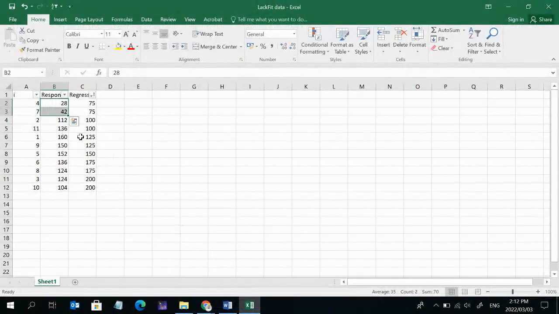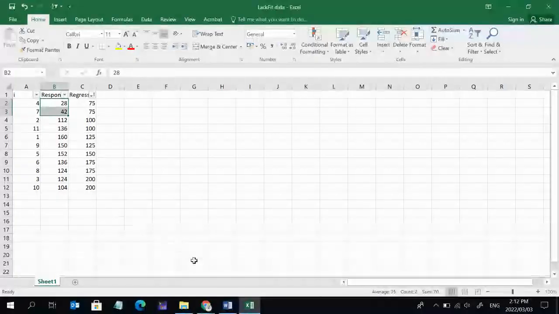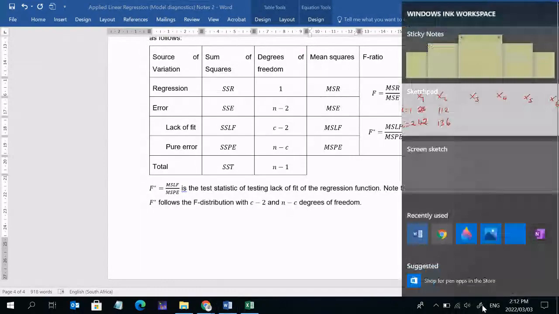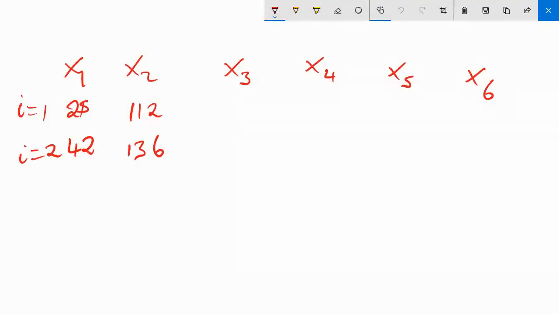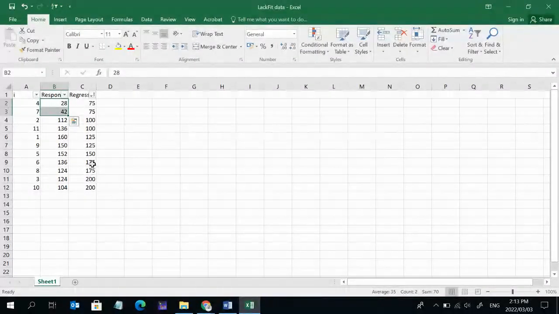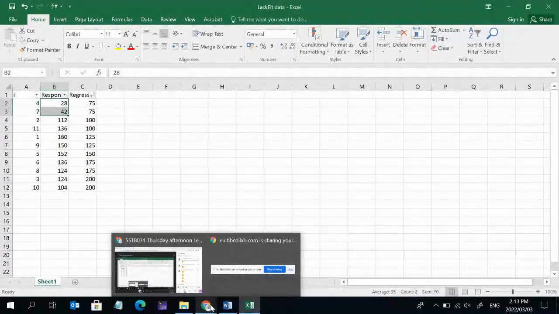Then we go to the third level, which is 125. We have 150 and 160. We go to the fourth level, which is 150. We only have one value, which is 152. Is it correct?